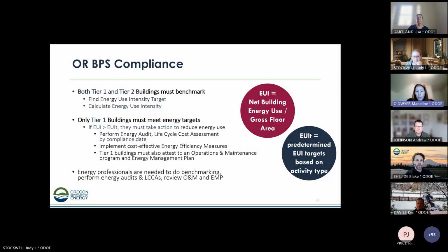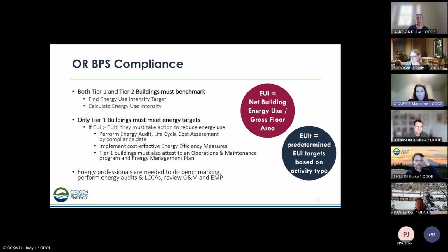Now, if you're a tier 1 building, there are some stricter requirements for you. The first thing is, no matter where you are in your target, you will have to complete an operations and maintenance program, as well as an energy management plan. We have outlines and templates for both of these documents on our website.